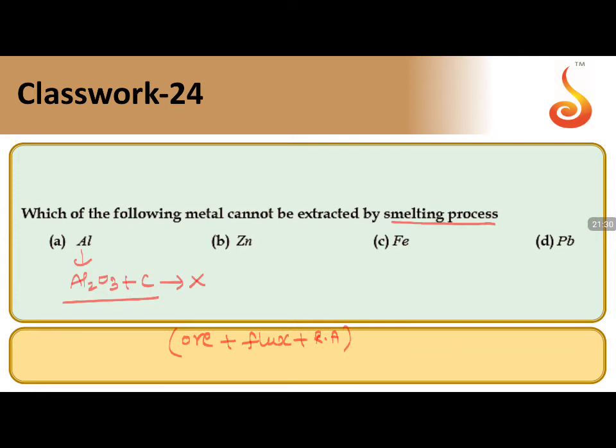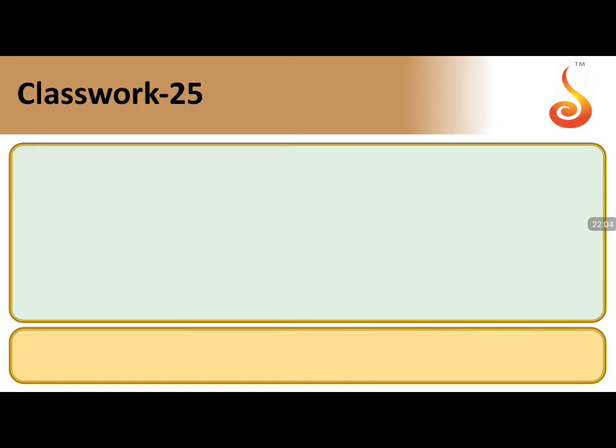So aluminum oxide cannot be reduced by carbon since it is the most stable oxide. You cannot reduce it with a reducing agent. Smelting process cannot be applicable for aluminum extraction. You can use it for zinc, where zinc oxide with C, Belgian process gives Zn plus CO. You can apply for Fe2O3 plus C, gives rise to Fe plus CO. You can apply for lead also, but you cannot apply for aluminum. The reason is aluminum has more stable oxides. So the answer is option A.